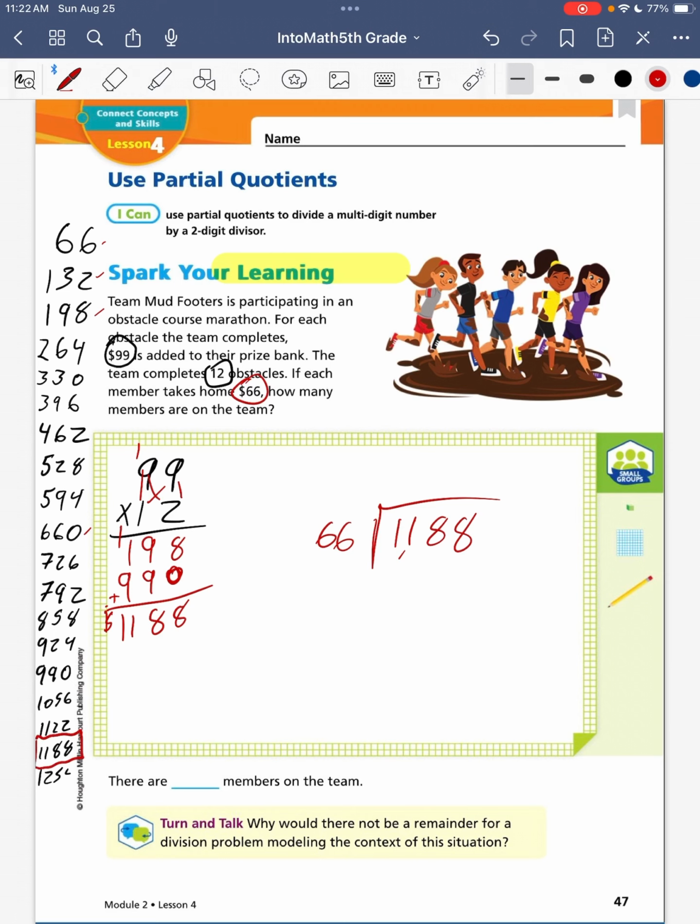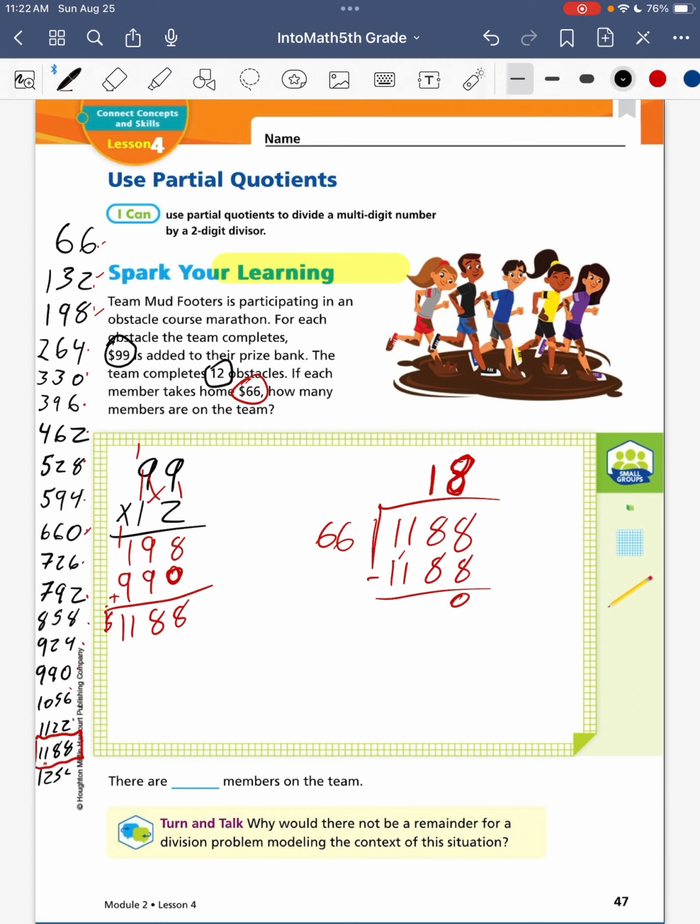It does look like we have a multiple down here that is 1,188. If we count down our multiples, 1, 2, 3, 4, 5, 6, 7, 8, 9, 10, 11, 12, 13, 14, 15, 16, 17, 18, this is our 18th multiple, and that would equal 1,188.